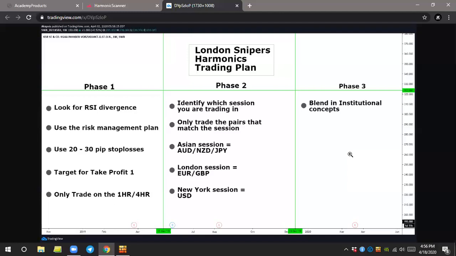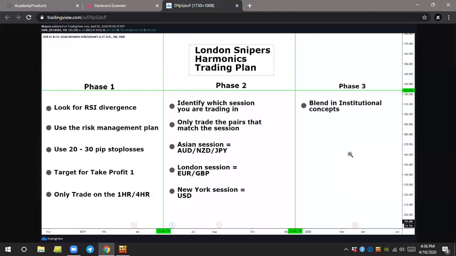There are kill zones in these sessions to enter a trade. For London session, our kill zone is 2 to 4 a.m. For New York session, our kill zone is 7 to 10 a.m. Okay. For Asian session, our kill zone is between 7 till 10 p.m., if I'm not mistaken.